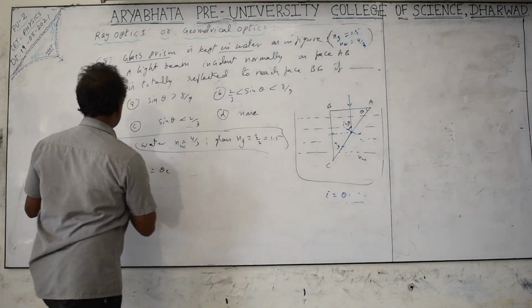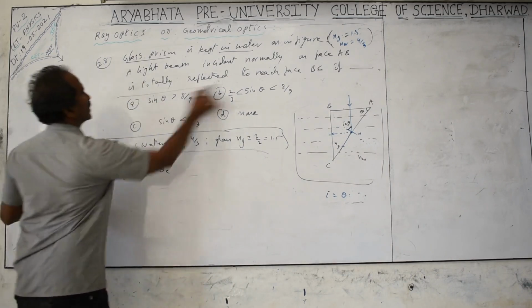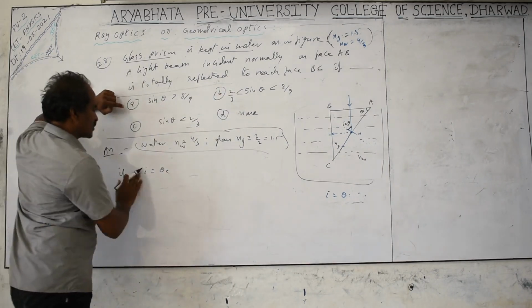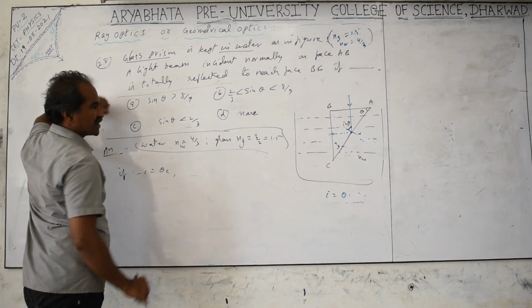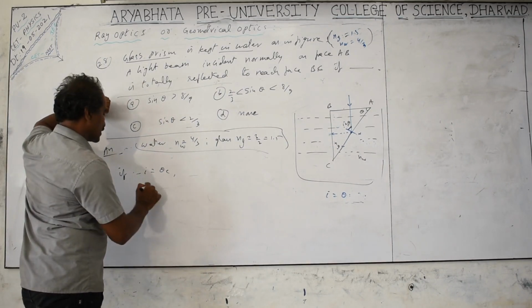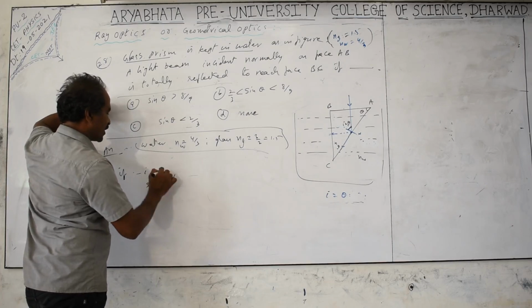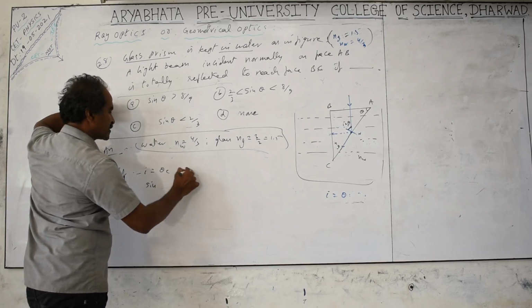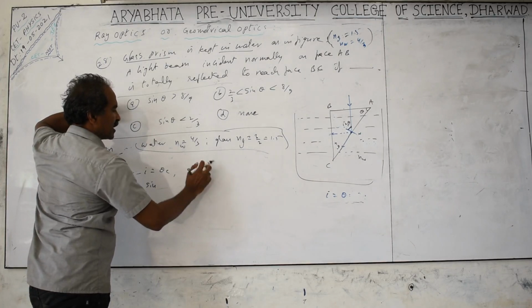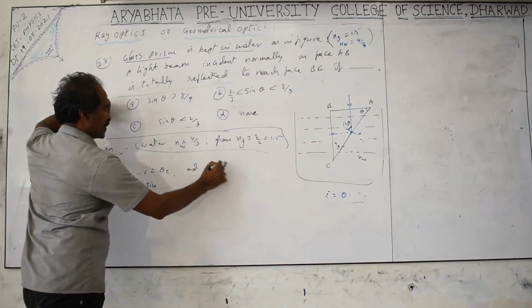This you have to note. Answers are given here. If I equals theta C, the critical condition, that is for the start of total reflection, and in this diagram I equals theta, the angle of incidence.